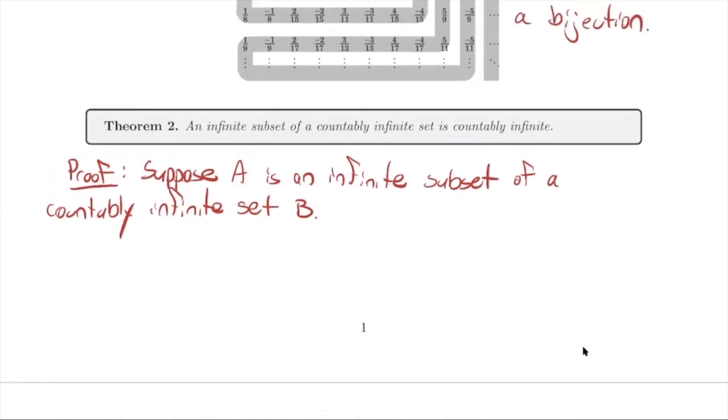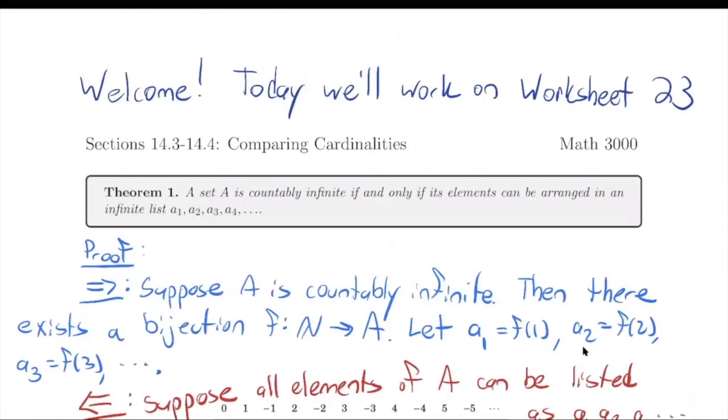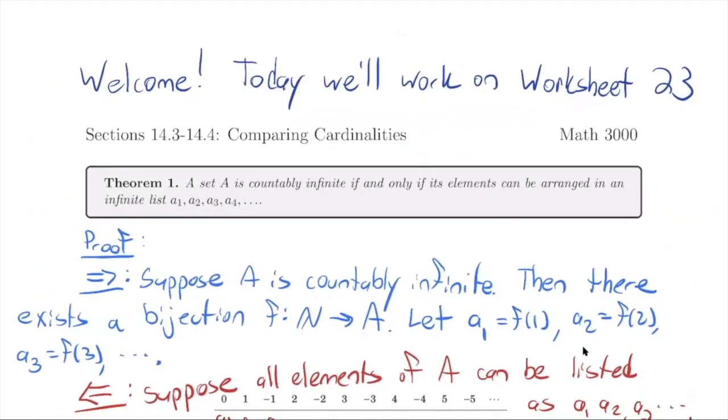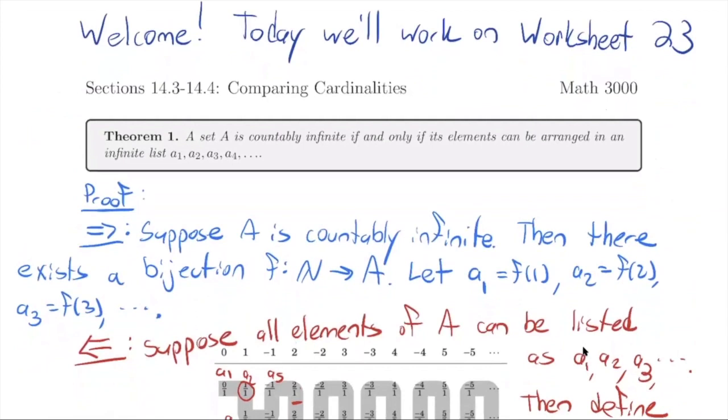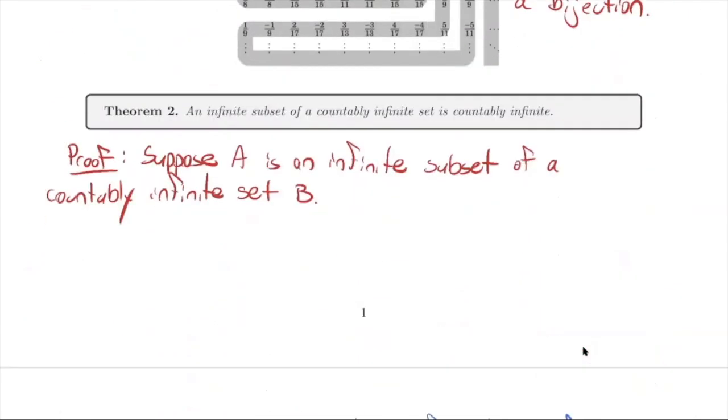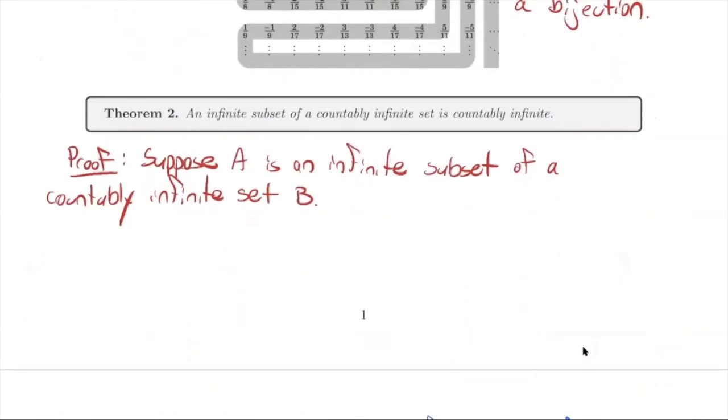Any thoughts here? My suggestion might be, let's think about using theorem 1 rather than thinking about finding a map from the natural numbers into this set. So by theorem 1, what could we say about one of these sets?